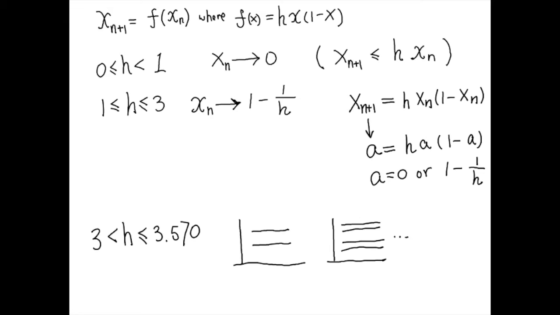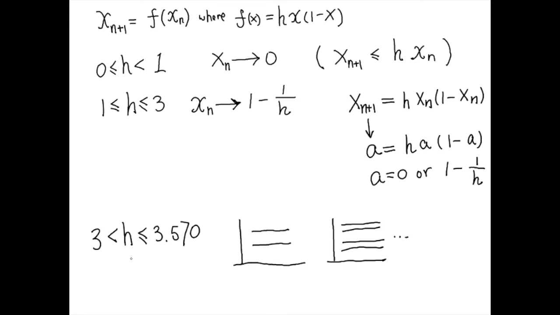For the case when h is greater than 3 and less than or equal to 3.57, this number I copied from some book. It was not that clear when I did the demo, but this is the number.